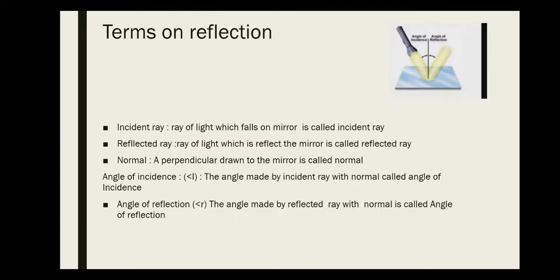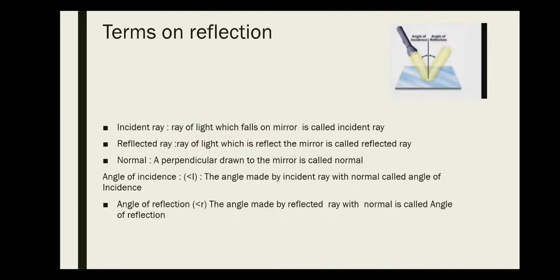Then angle of incidence. What is the angle of incidence? It is denoted by angle I. The angle made by the incident ray with the normal is called angle of incidence.